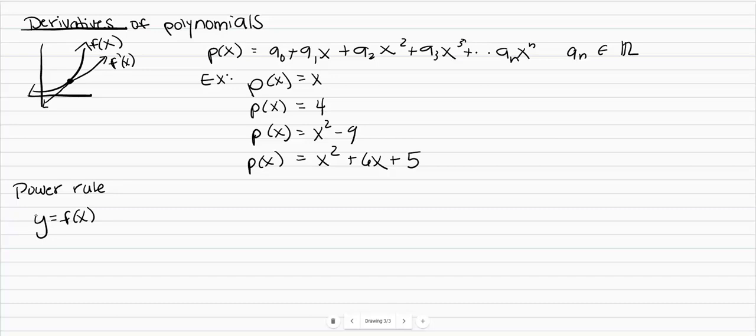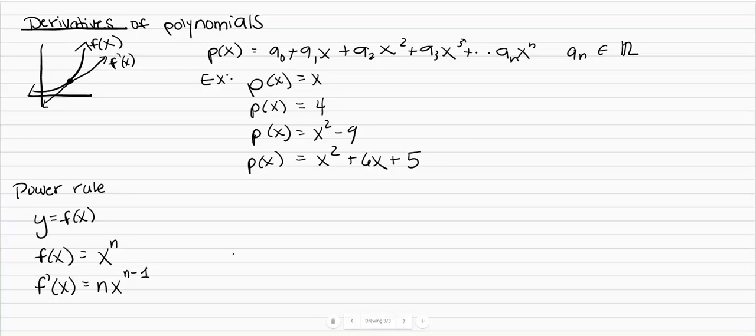Say that f of x is equal to x to some power. To find the derivative, or f prime of x, we use the power rule, where the original power becomes my new coefficient, and my new exponent is going to be 1 less than my original.